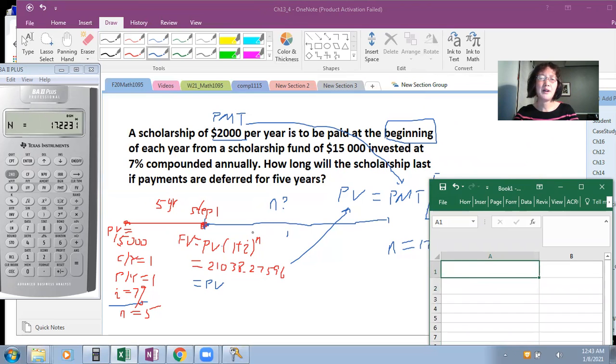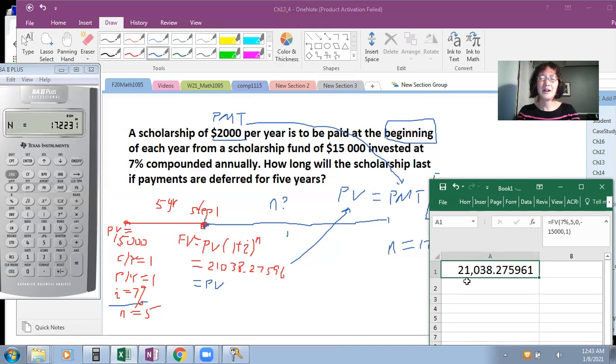Excel, step 1, calculate future value after 5 years for 15,000. So equal FV, rate 7%, NPER term 5, payment 0, PV negative 15,000, type 1, beginning. So this is this number.